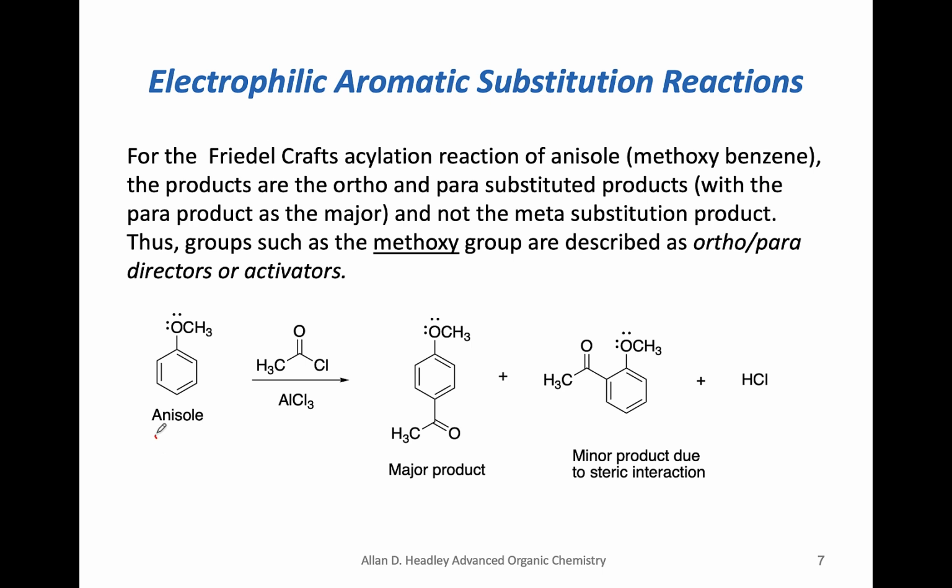For this reaction, for example, if this is anisole with an OCH3 bonded to the benzene ring, if we carry out here the Friedel Crafts acylation, which is an electrophilic aromatic substitution, only 2 products are observed. In the para position, para to the methoxy group, and in the ortho position, ortho to the methoxy group. It turns out that this is the major product of these 2. But let us see why that is the major product of these 2.